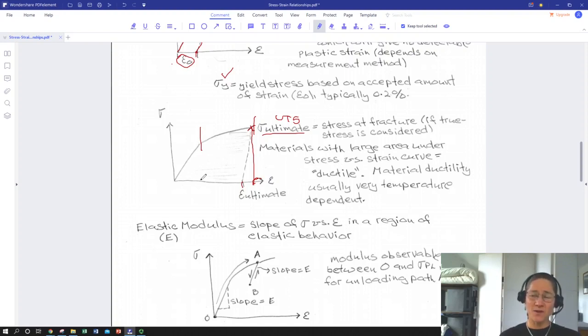Another concept that we'll touch on later in our discussion of Hooke's law is something called elastic strain energy. Something that you'll notice if you look at units: the area under this stress strain curve has units of stress because strain is dimensionless.